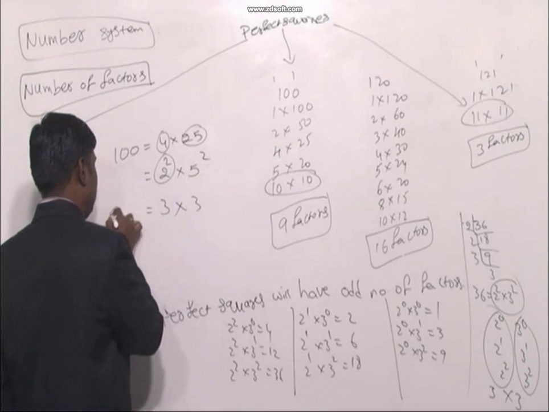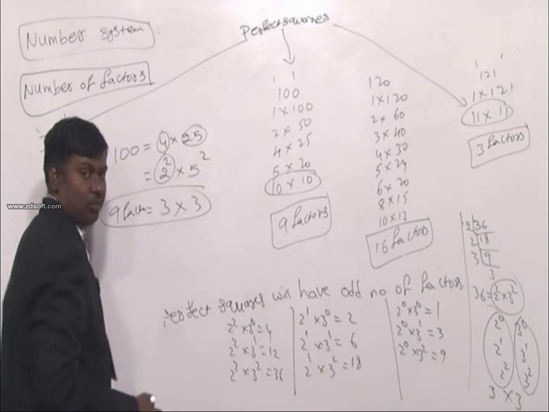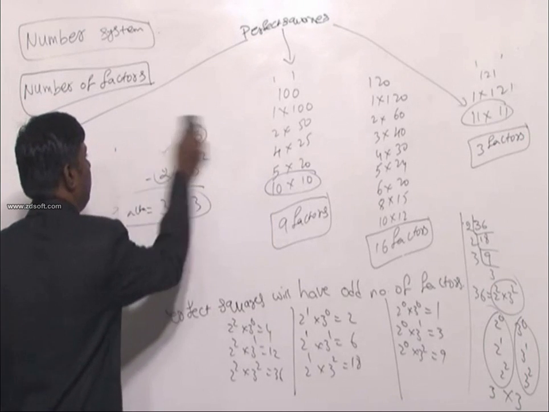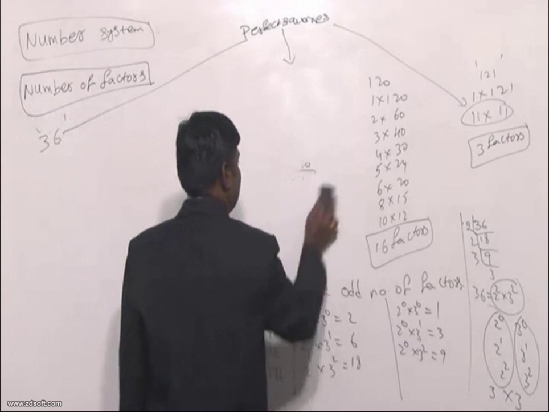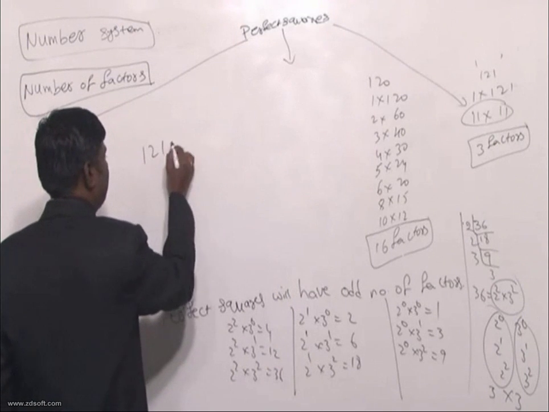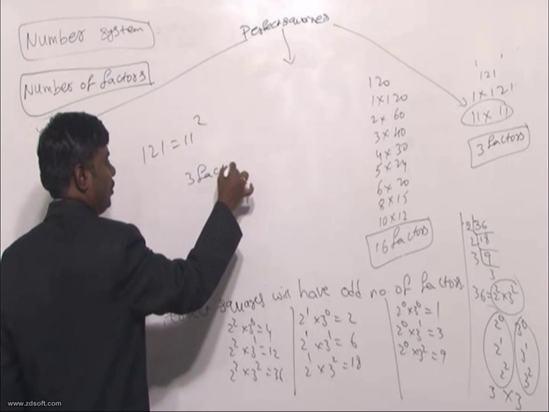So 9 factors. Similarly, 121 is 11 square. So 11 square has 3 factors. Straightforward answer.